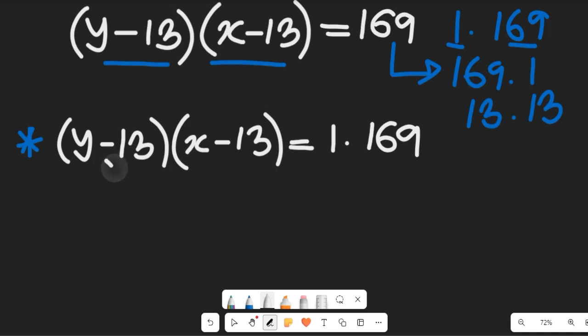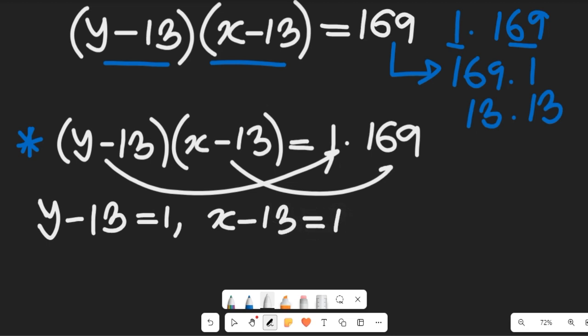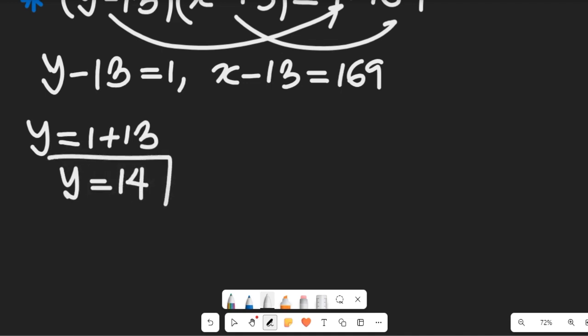So from here, if this equates this and this equates this, we're going to have y minus 13 equal to 1, and then x minus 13 equal to 169. So if we expand this, we are going to have a solution. y will now become 1 plus 13, and then our y will be equal to 14, which is a solution, right?